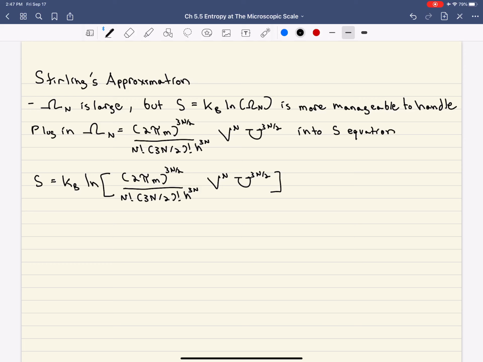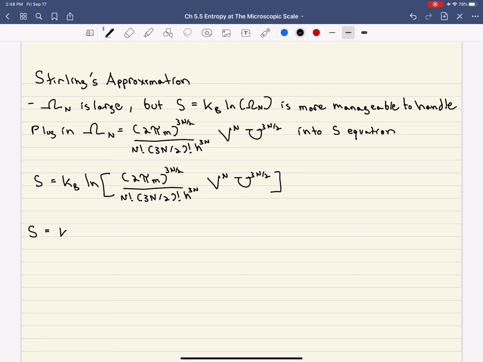I'm just going to take a shortcut and copy and paste this. I mentioned we took the natural log of omega because it allows us to handle these numbers more easily. Specifically, by plugging omega into the natural log, we can use our log rules to manipulate the formula.